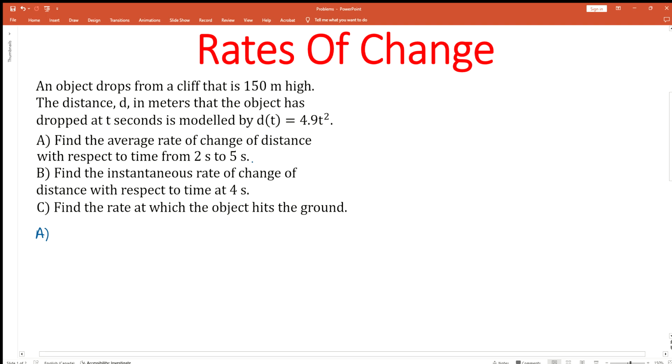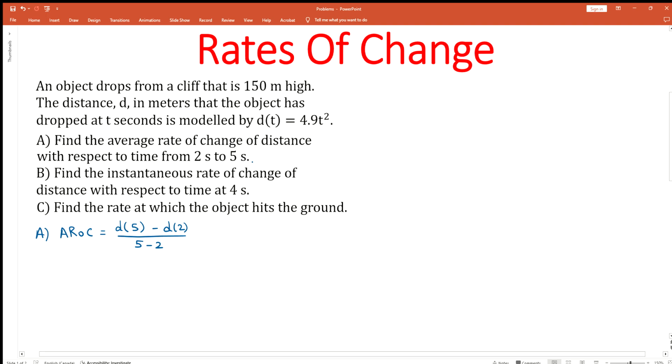The formula for average rate of change, or AROC, is d(5) minus d(2) over 5 minus 2.